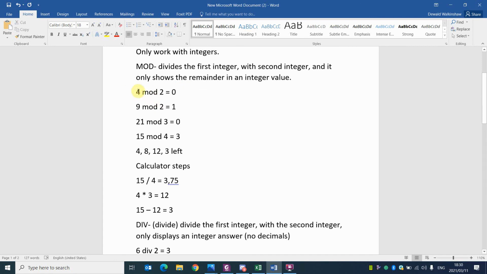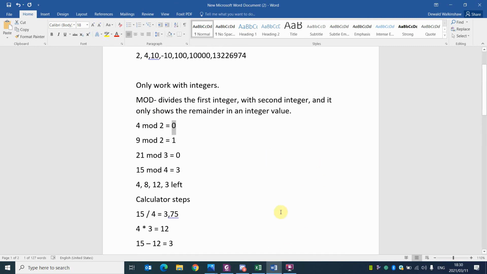If it's a negative on the left, it must also be a negative on the right. Otherwise, I assume the program will just remove the negatives, see how many times 2 can go into 4, and display the remainder even though it's negative 4. But I'll test it out and see if it works. I've never actually tried negatives before. Thank you, sir. Okay, cool.